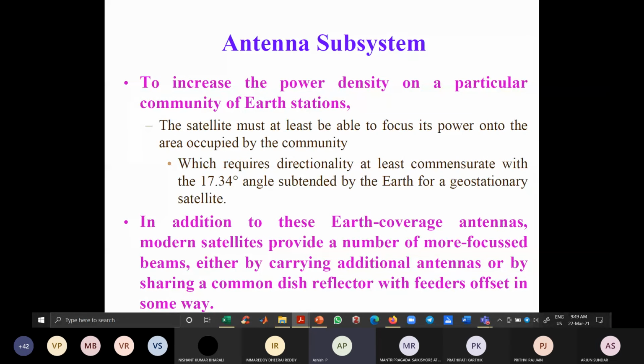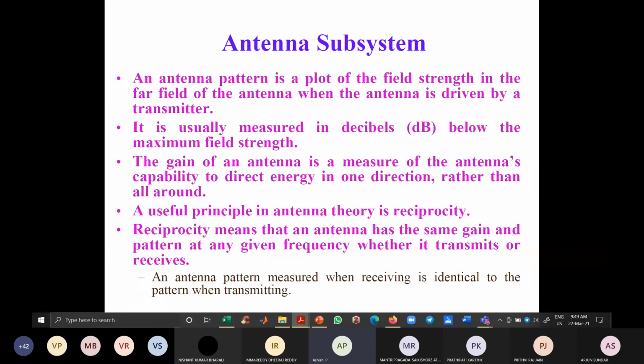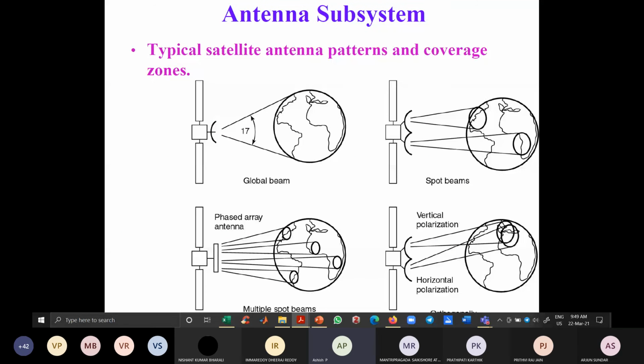So the antenna which we take should at least offer this much beam width, the 3 dB beam width. Yeah, this 17-degree thing.